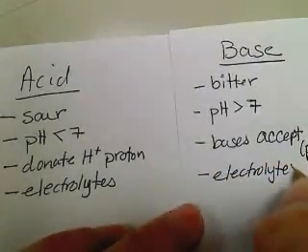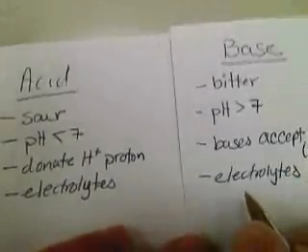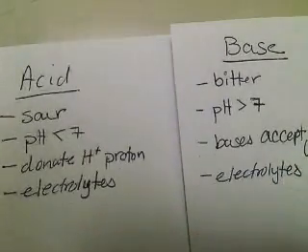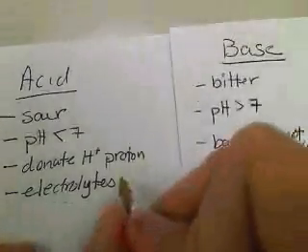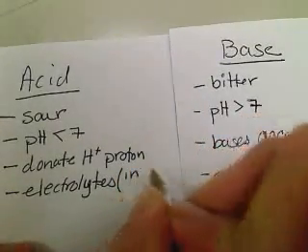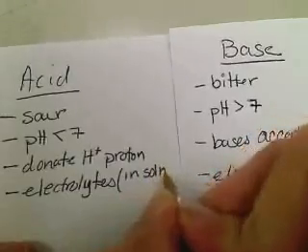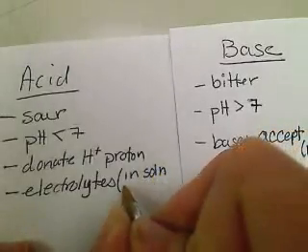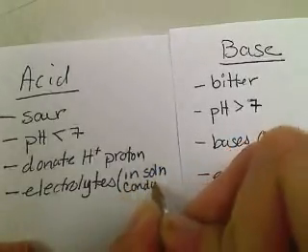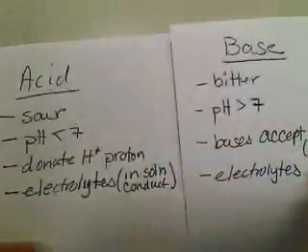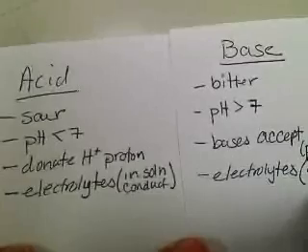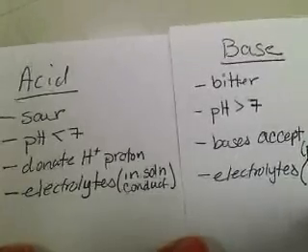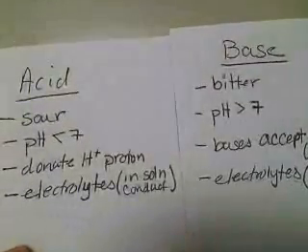If you don't remember, electrolytes means that when you dissolve an acid or a base in a solution, they will conduct electricity. So I'll put here in solution, and I abbreviate solution SOLN, we'll say they conduct, okay? Same thing over here. We'll say in solution, they conduct, okay? If you have questions about this, please ask.